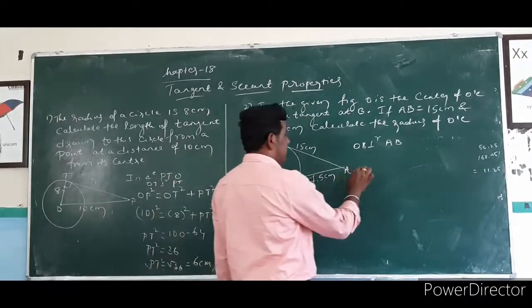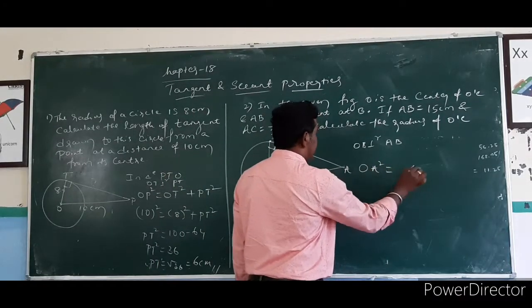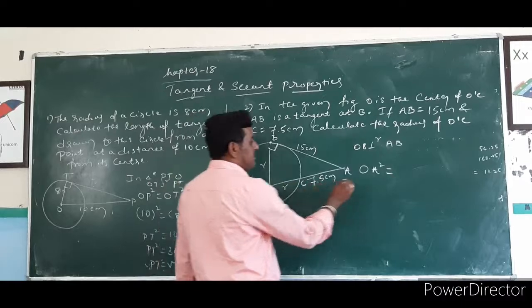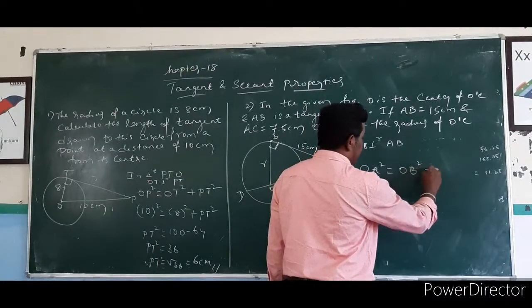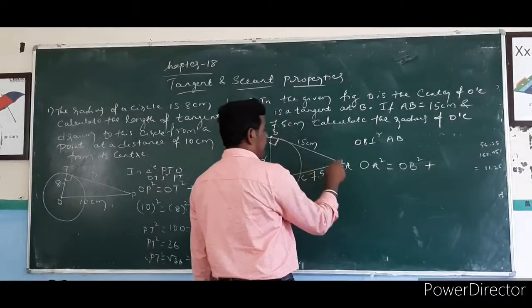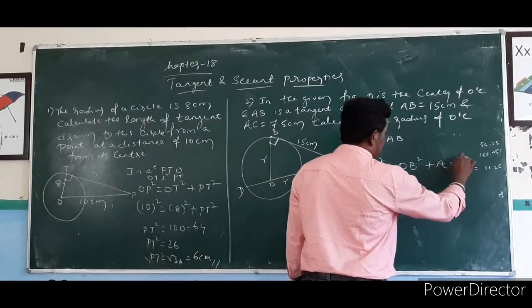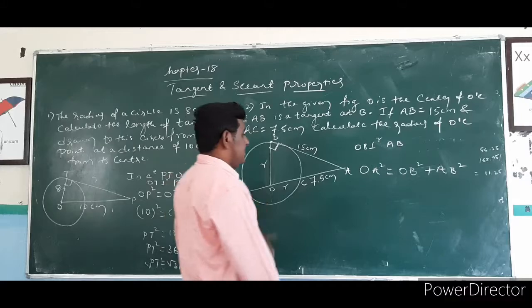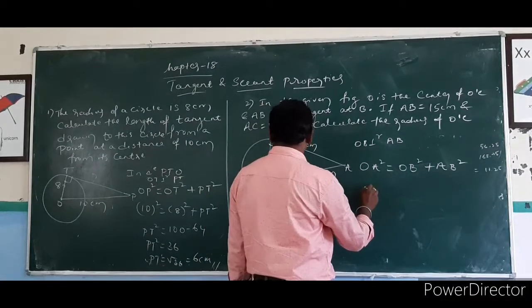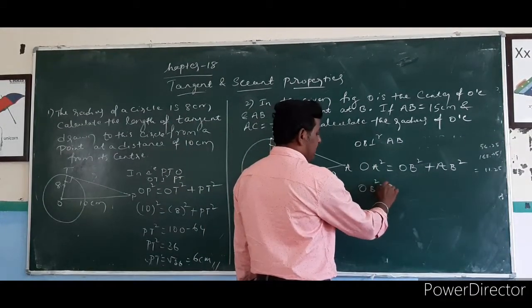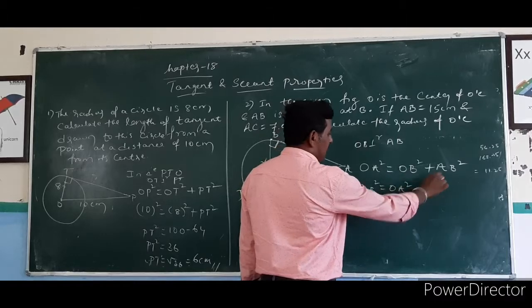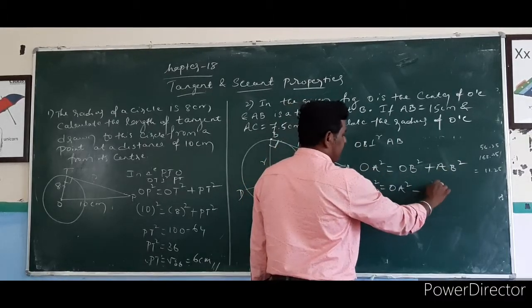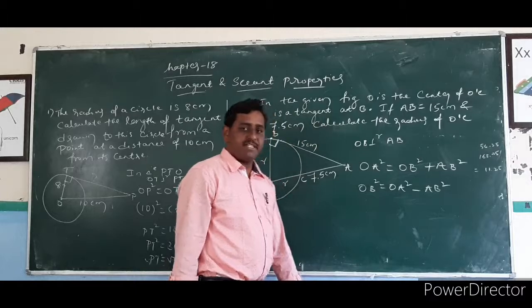Apply the Pythagoras theorem. The side opposite the 90 degree angle is OA, so OA square is equal to OB square plus AB square. We want to find the radius, so the OB value. OB square is equal to OA square minus AB square.